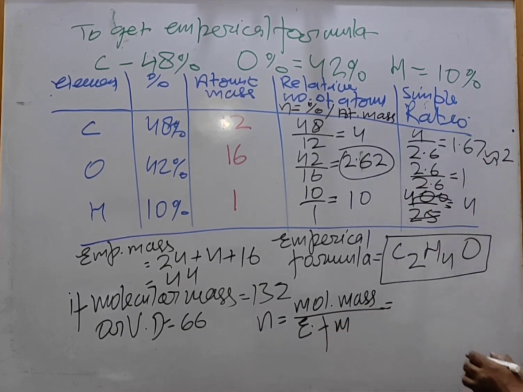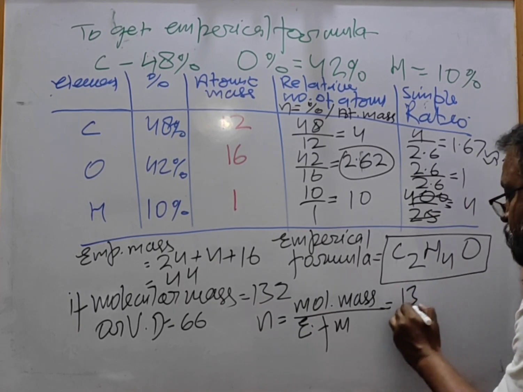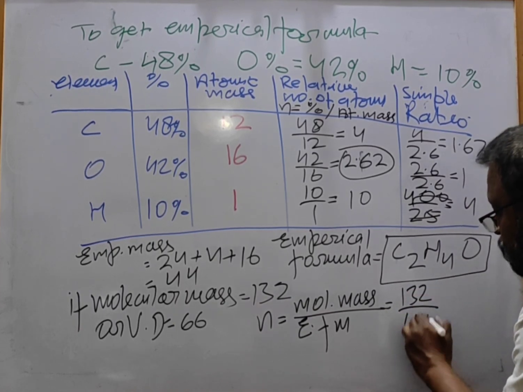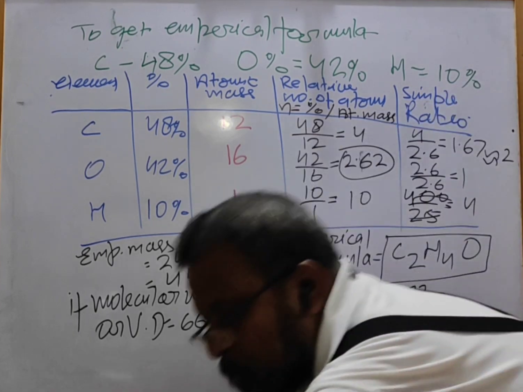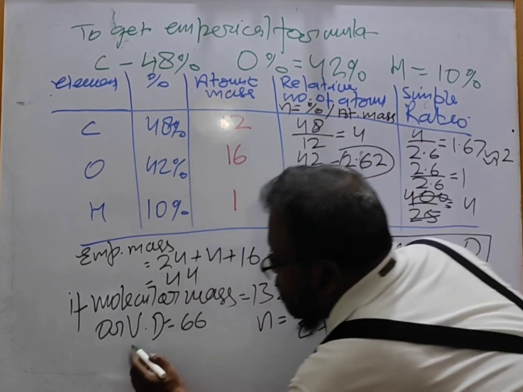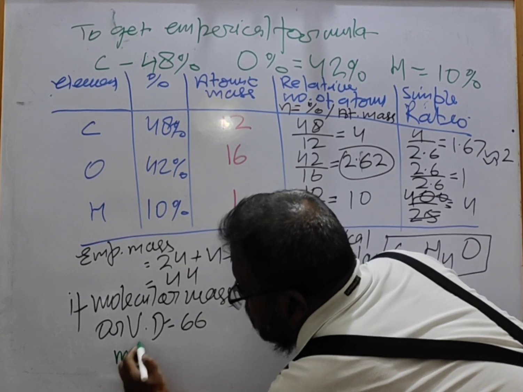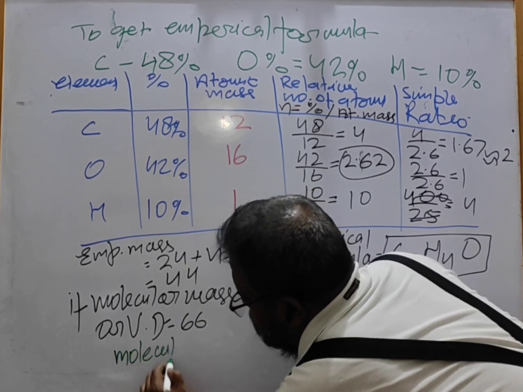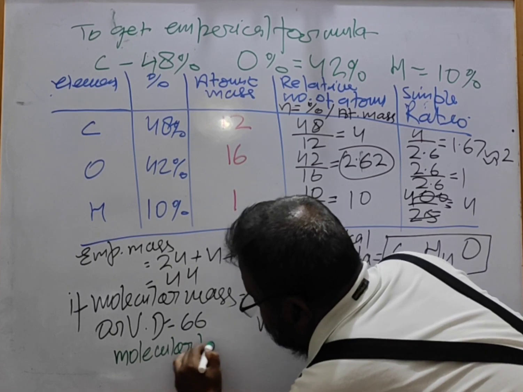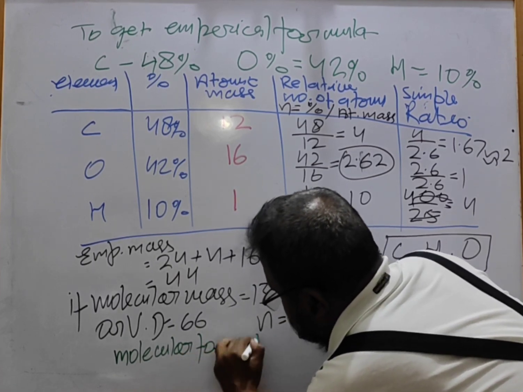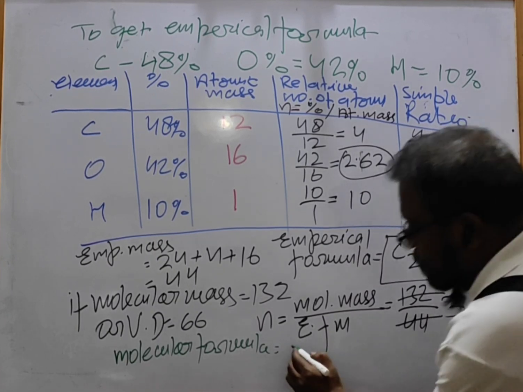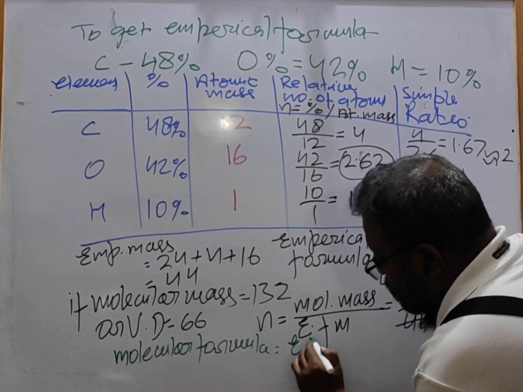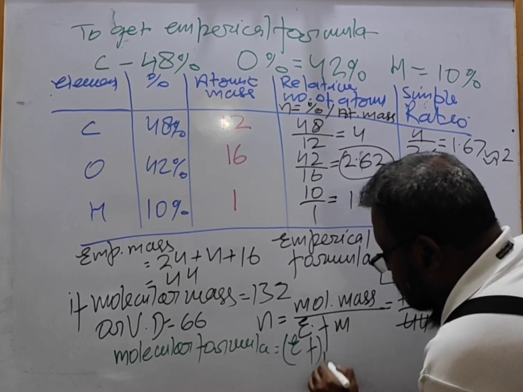So that is 132 upon 44. It becomes 3, right? So molecular formula is equal to empirical formula subscript n.